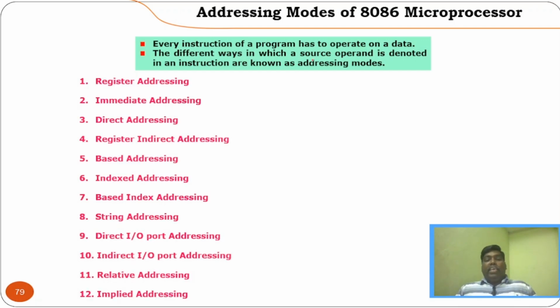These are the different addressing modes in 8086: register addressing, immediate addressing, direct, register indirect, based addressing, indexed addressing, base index addressing, string addressing, direct IO port addressing, indirect IO port addressing, relative addressing, and implied addressing.